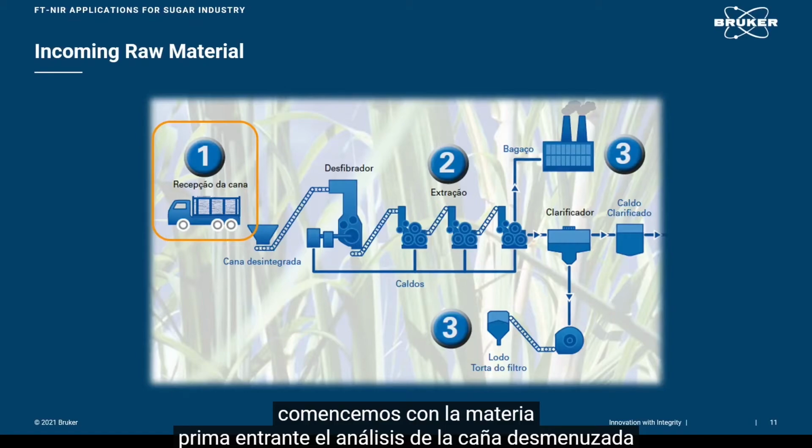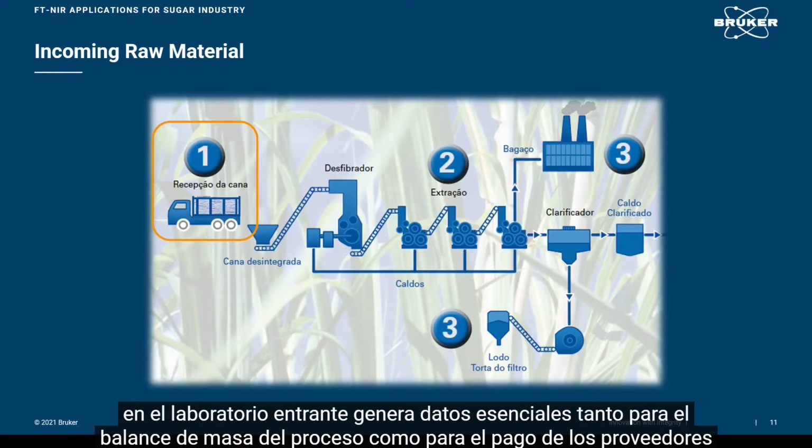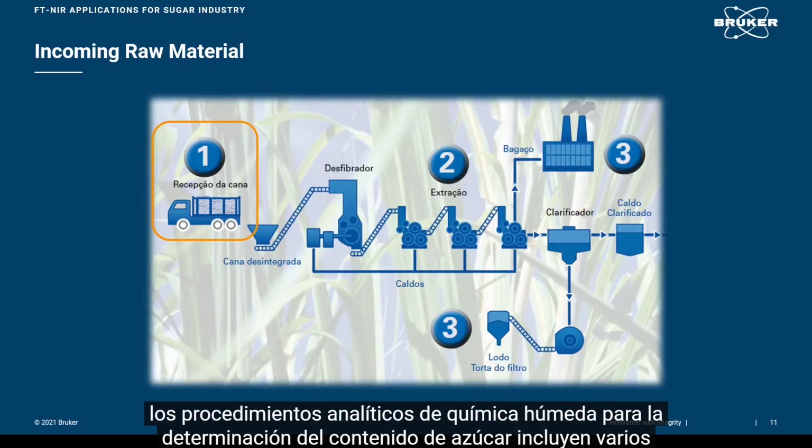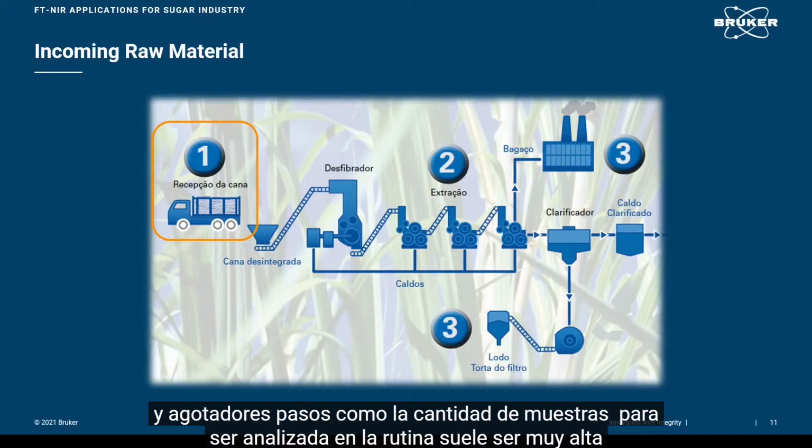The analysis of shredded cane in the incoming lab generates essential data for both process mass balance and payment of suppliers. The wet chemical analytical procedures for determination of sugar content include several exhausting steps, as the number of samples to be analyzed in the routine is usually very high.